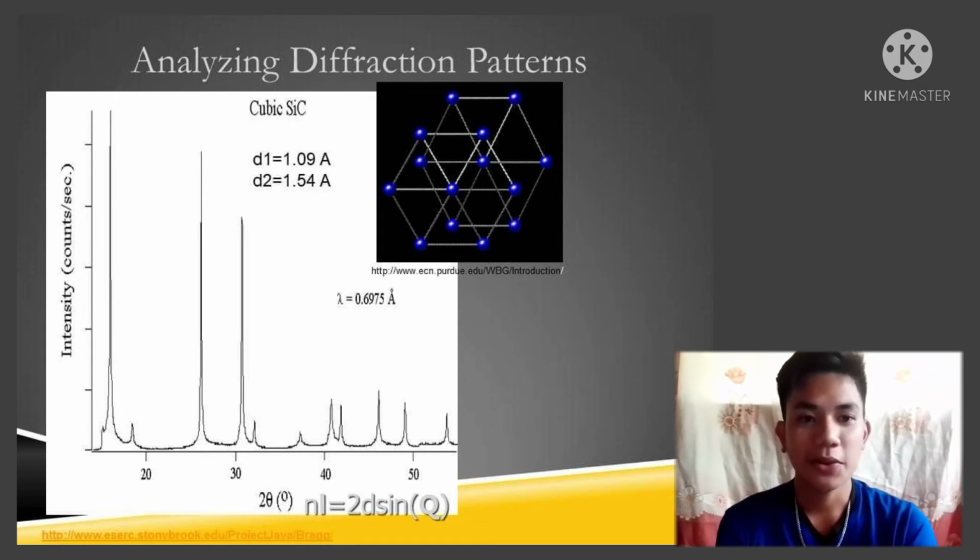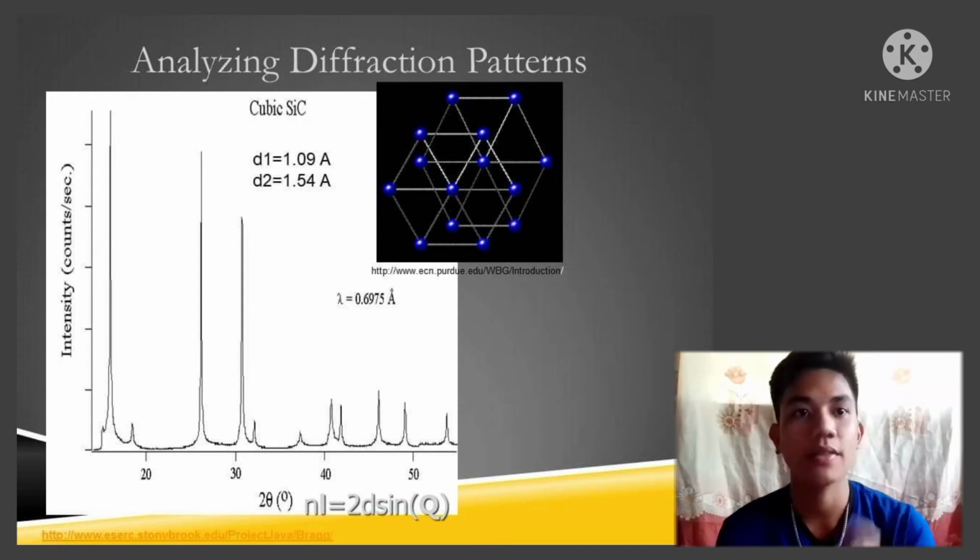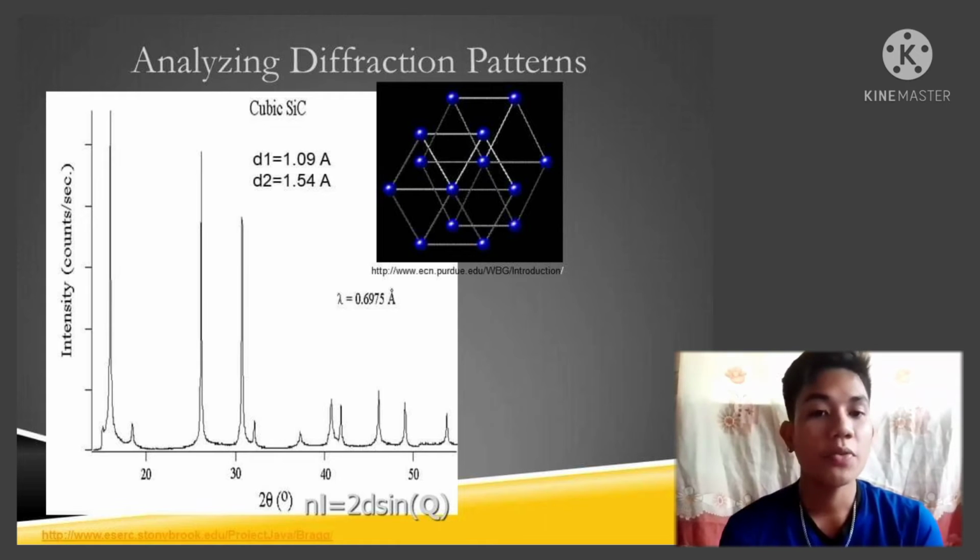Based on the data below, the top right image depicts a 3D electron density map. So this one, the right one. The known variables are the distance, the wavelength, and the diffraction angle of our diffracted beams. Distance 1 is 1.554 Å, and distance 2 is 1.09 Å.